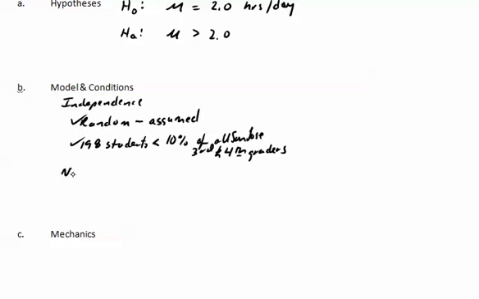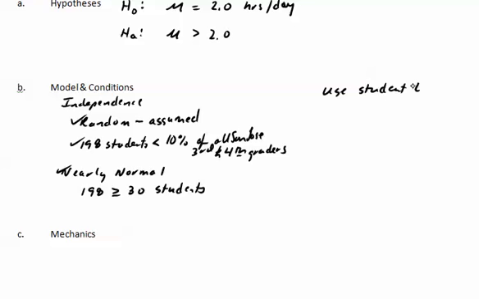We then would want to check, is it nearly normal? Now, we don't have the data, but we know that 198 is greater than 30 students, and so we can assume that it is nearly normal since the sample size is fairly large. We will therefore state we're going to use the Student T model.